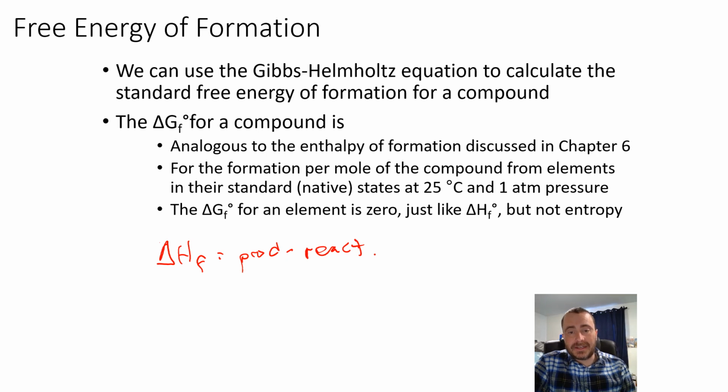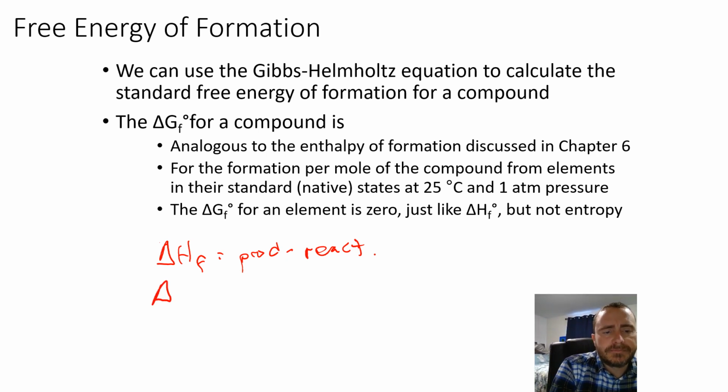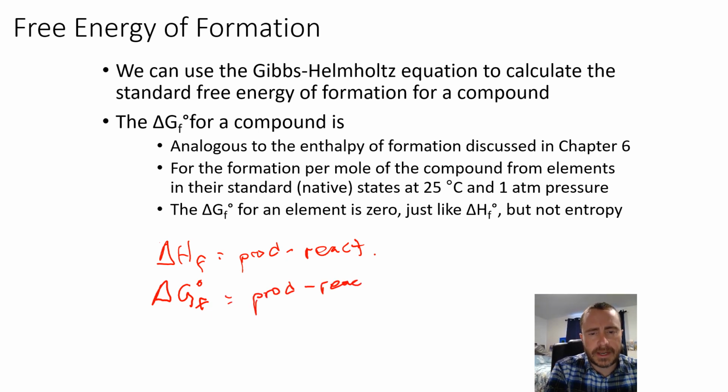Again, I think this is Appendix B, pages 5 through 7, where you can look up enthalpies, entropies, and Gibbs free energies. You can do the same thing for a delta G of formation. Again, right here, I'm writing standing up, so it looks kind of funny, but this is just products minus reactants. Doing that, we can find the Gibbs free energies of formation. Again, you can look these up in tables.